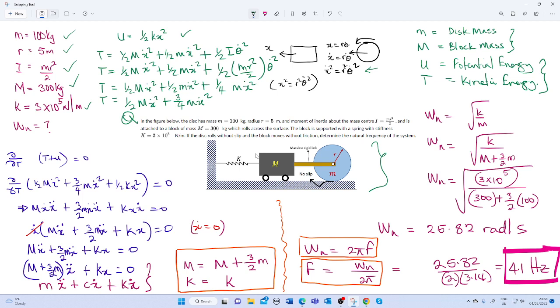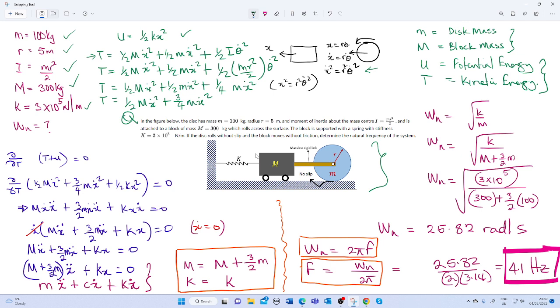Now, by using the formula of the kinetic energy, which is T, given here, T equals half the product of the mass of the block and s dot squared, plus half the product of the mass of the disk, small m, and s dot squared, plus the rotational energy, that is half I theta dot squared.